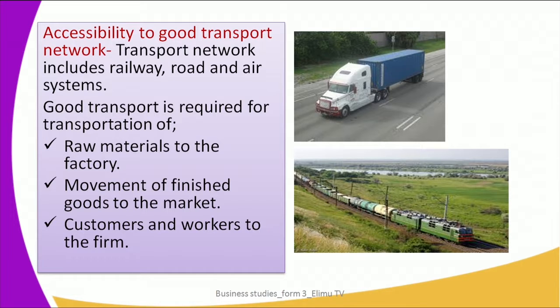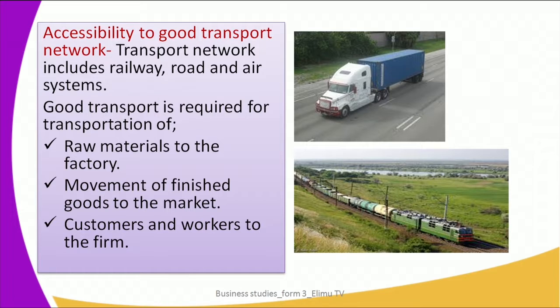Remember, the raw materials are used to make the goods. So these raw materials need to be transported to the factory, and a good transport system is needed for this. Because remember, without the raw materials, there can't be the goods or the products for sale.